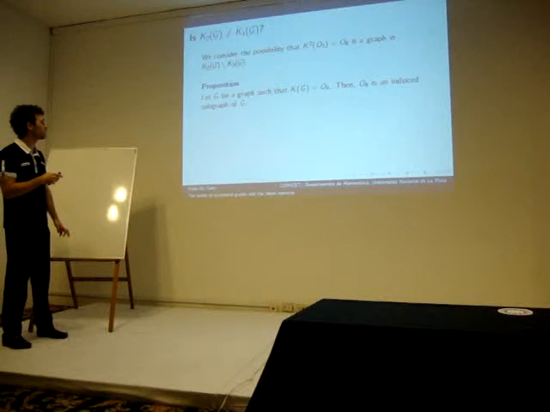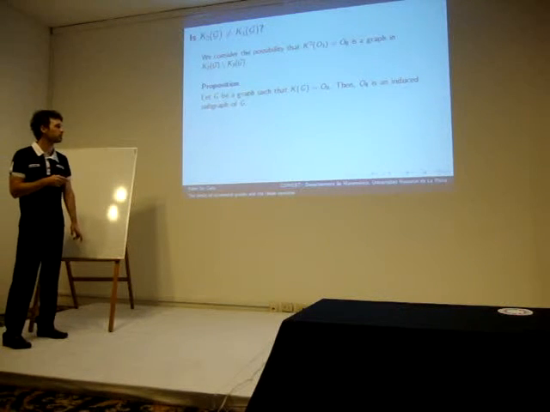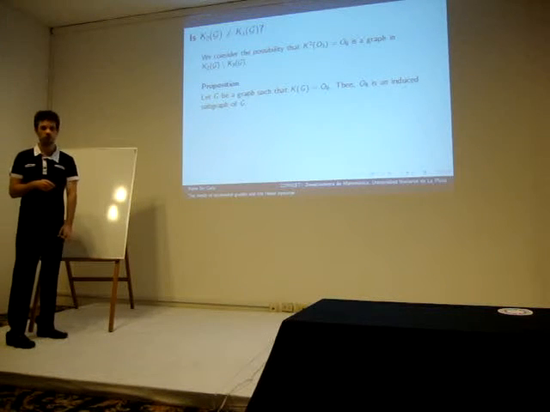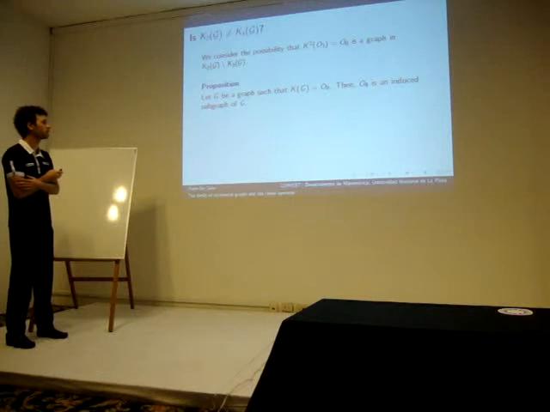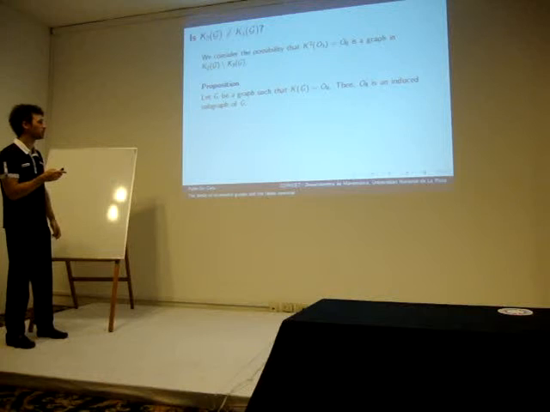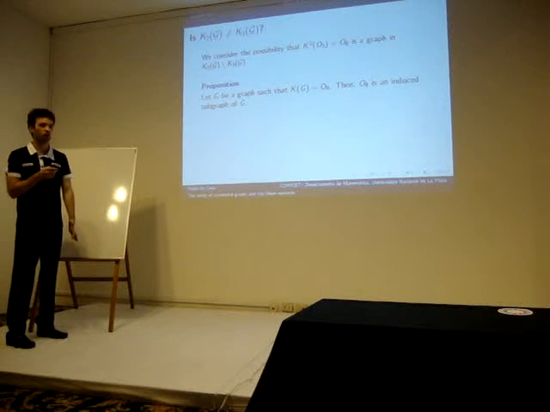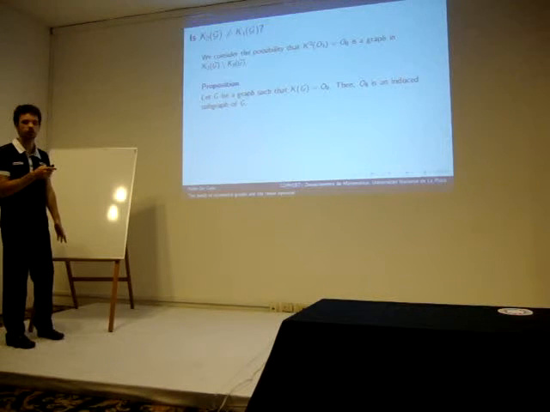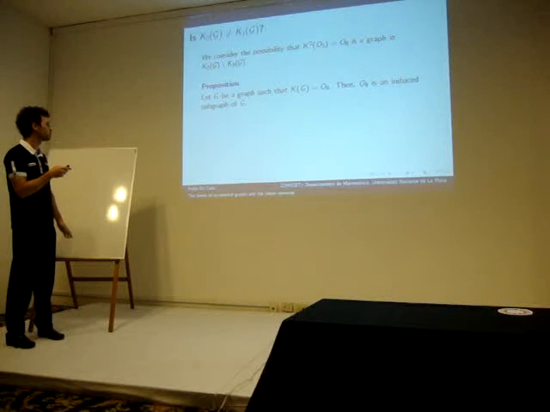One good way to try to start to prove that is that for any graph G whose clique graph equals O8, O4 has to be an induced subgraph of G. And the proof is very similar to when we have proved that for any graph whose clique graph equals O4, O3 is an induced subgraph.